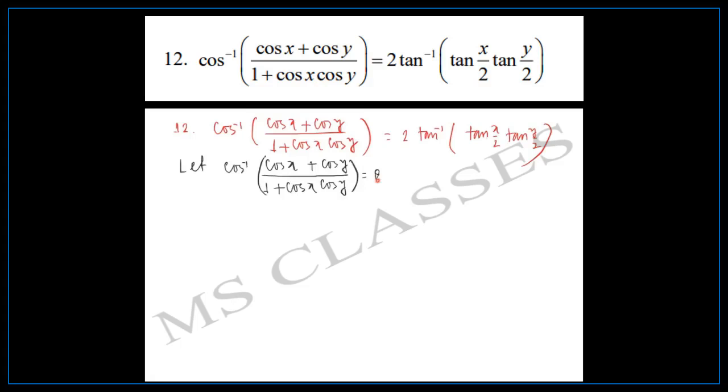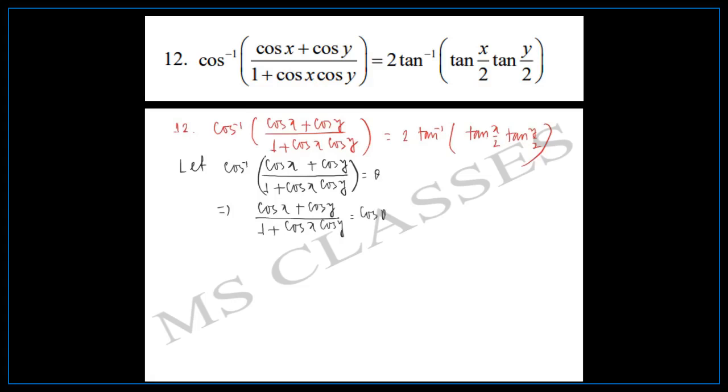Now if you take this whole thing as theta, then we can write here cos x plus cos y by 1 plus cos x cos y equal to cos theta.